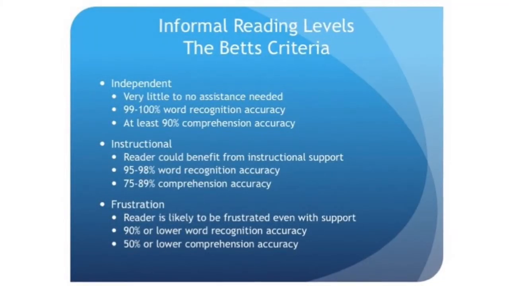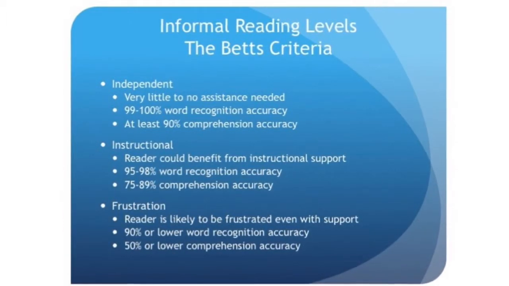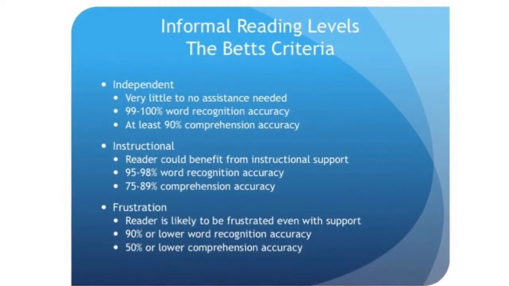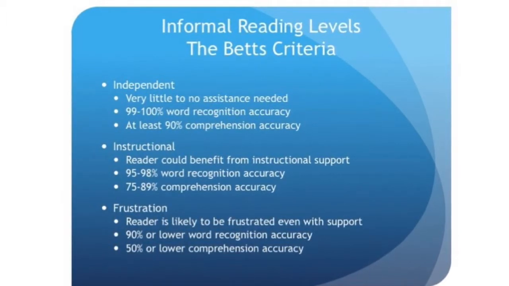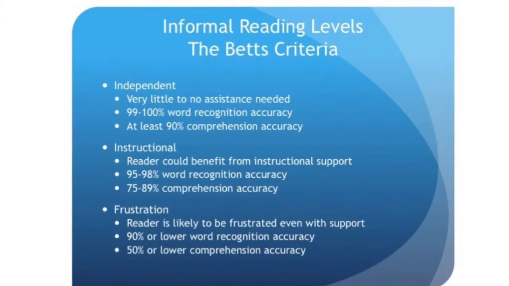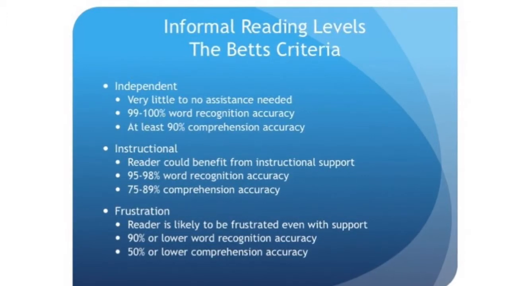After determining the percentage of word accuracy, it is easier to determine whether or not a text is on a student's independent, instructional, or frustration level. A scale similar to the Betts criteria, which was designed by Emmett Betts in the 1930s, is used loosely by many reading inventory programs.